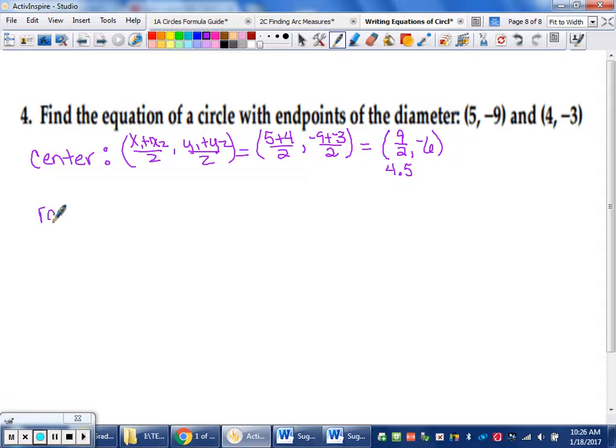But now I need to find my radius. Again, to find your radius, you're going to use your distance formula. Okay? x2 minus x1 squared plus y2 minus y1 squared, square root of all that. Alright, what do I use to find my radius? I pick one of these 2 points and the center and find the distance. So I'm going to use 4, negative 3 with my midpoint, my center, to do my problem.